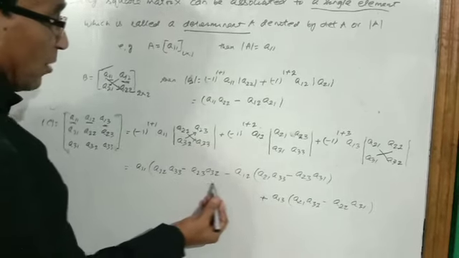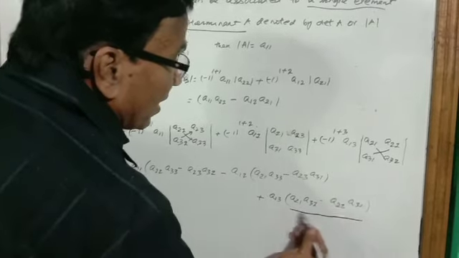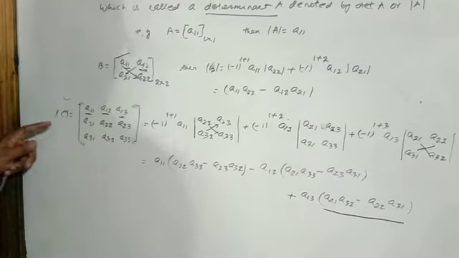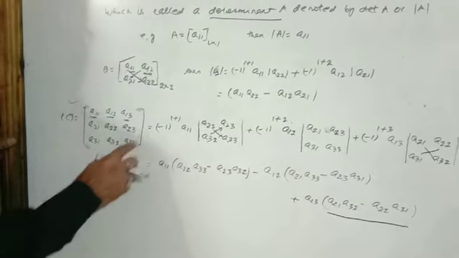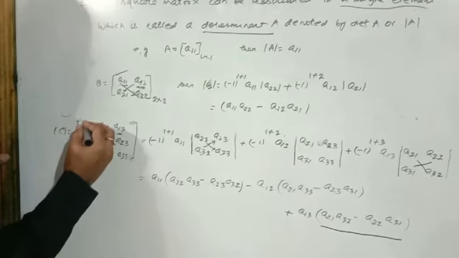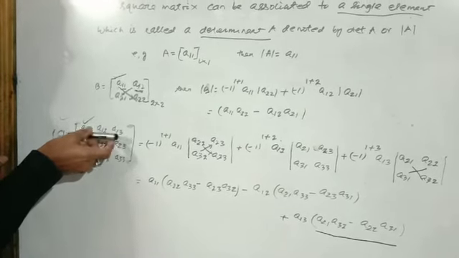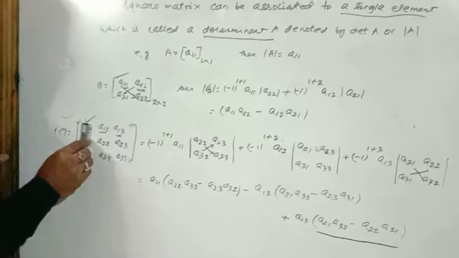It is A11 into this thing minus A12 into this thing plus A13 into this. So the value of the third order determinant, whenever you find its value, it will be A11 into, you omit the first row and first column.